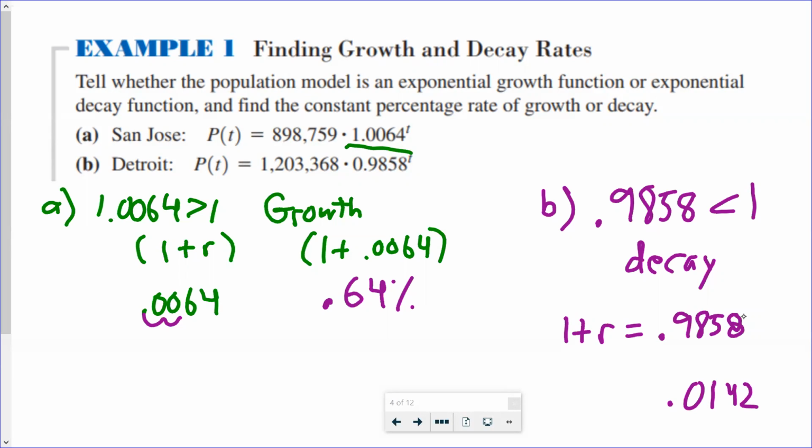So then if I subtract the 1 over, I get this guy right here, that our decay rate must have been that. And it will show up as a negative, which means there we go. So this means our decay rate is 0.0142, which means, as Mikkel said, move that over, it's going down at a rate of 1.42%. So its population is decreasing.